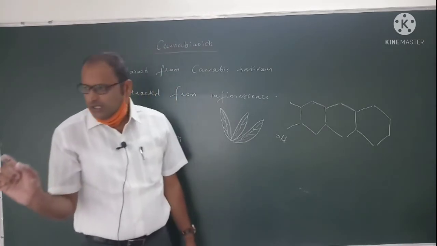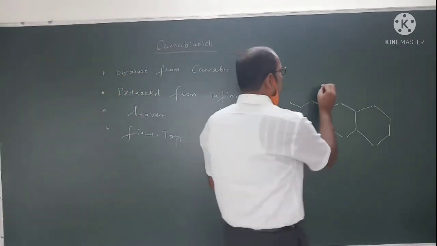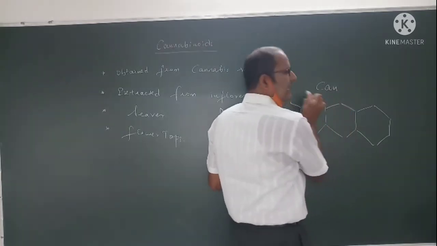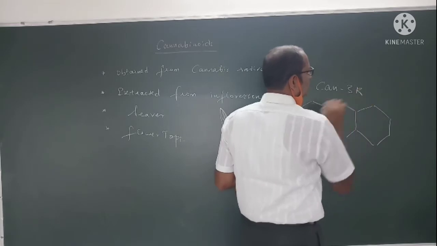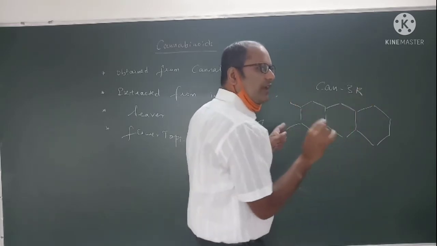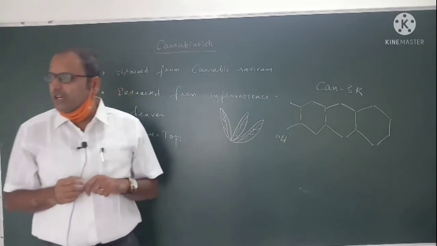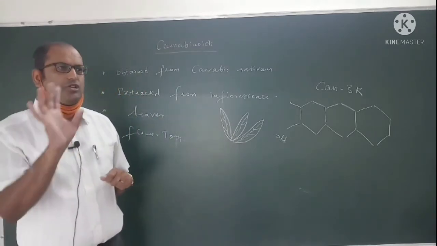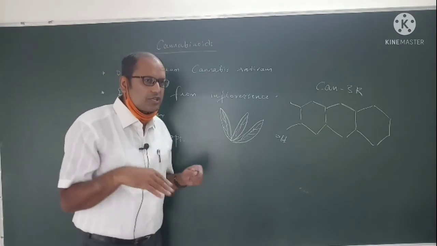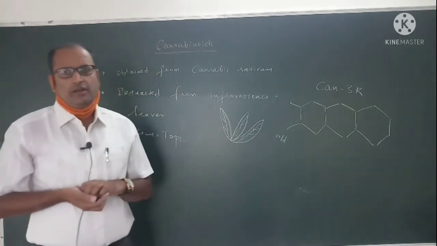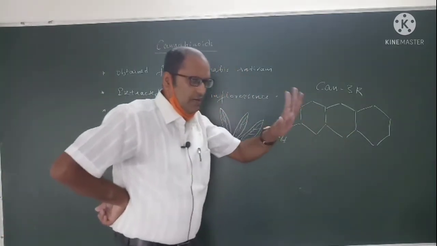I'm writing it like this: Can 3R, where 3R means 3 ring-like structures. You just keep that in memory. Can 3R. So link that to the word cannabinoids. Now, by this ring structure you are identifying the cannabinoids.